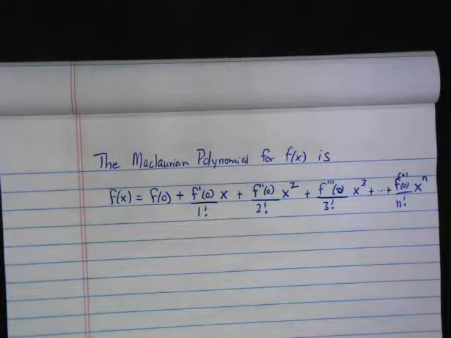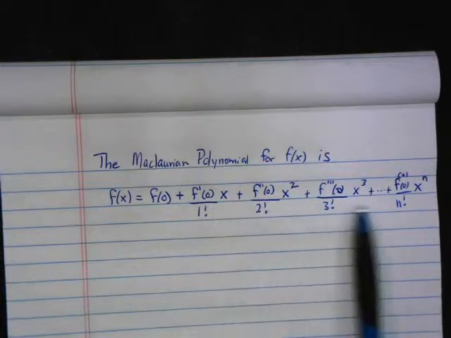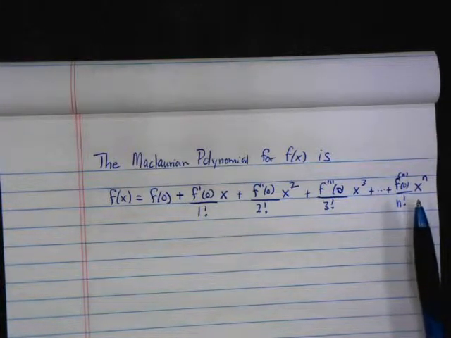Well, now we're only doing polynomials, which means n is a finite number. So I might stop at n equals 12. If I use n equals 12, would I get something very, very close to e to the x? Yes. Would I get exactly e to the x? No, unfortunately. But it would be very close.